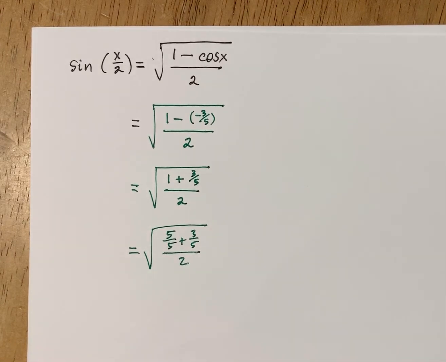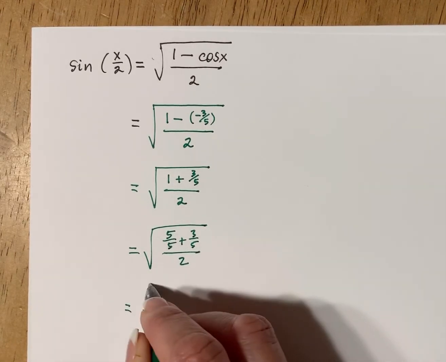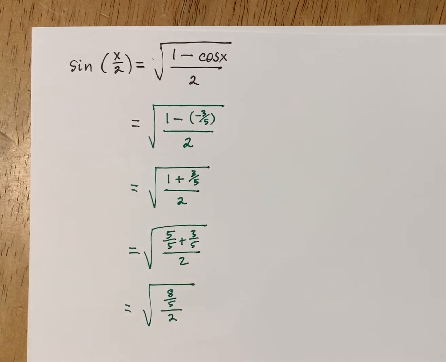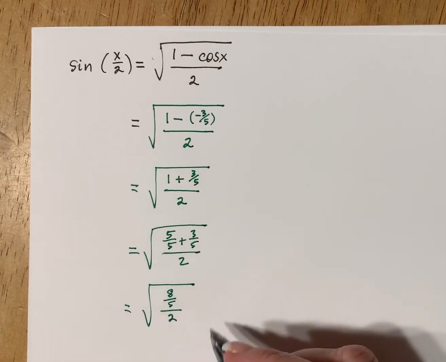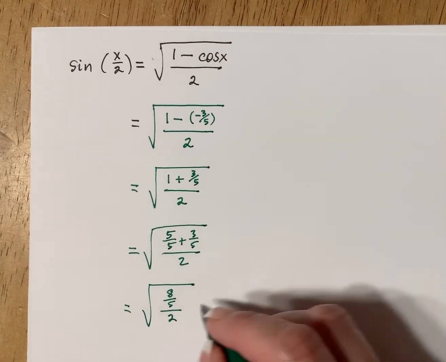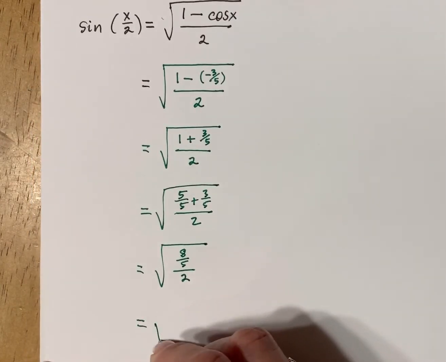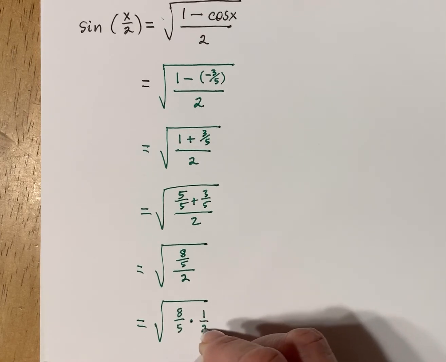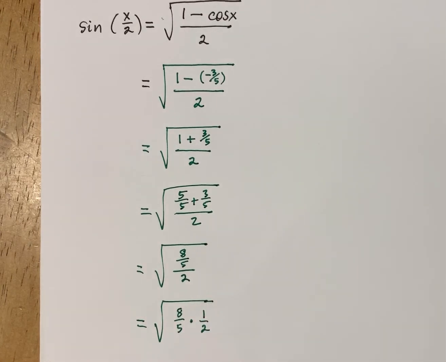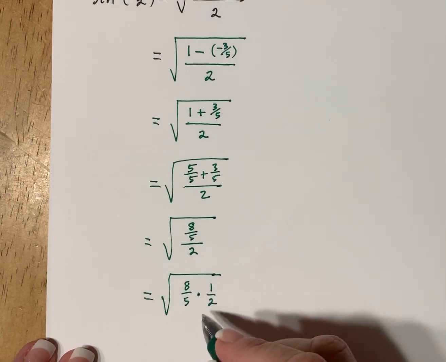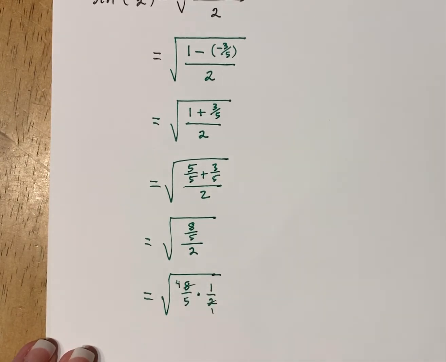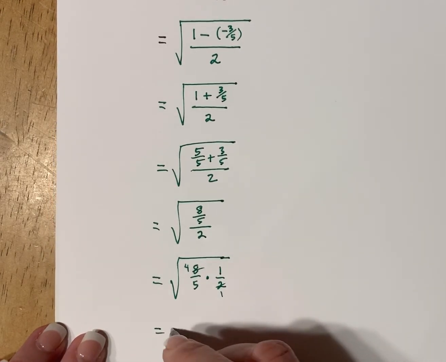That's going to give us 8/5, divided by 2. Dividing by 2, I'm going to multiply by the reciprocal, 8/5 times 1/2, and I can do a little bit of canceling here. I'm going to end up with 4/5.